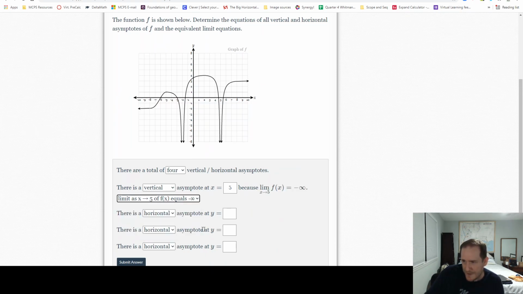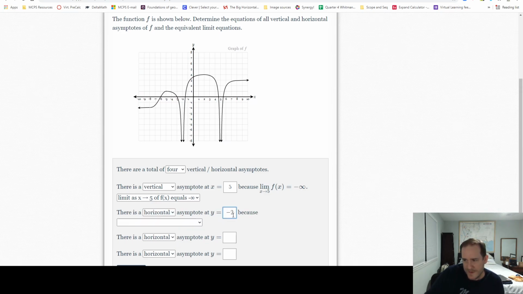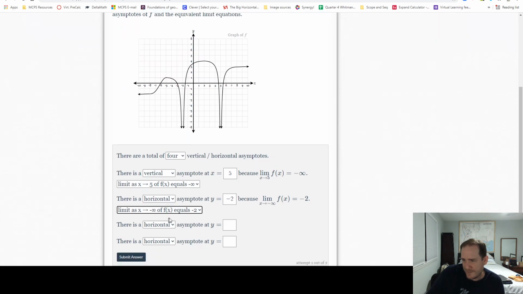It's that one. Let's now do the horizontal one that's way over here at -2. That is an end behavior asymptote, so it's going to be governed by the behavior of the function as the x's go left to negative infinity. So find the one that has us heading towards negative infinity with a limit of -2. Choose that. We've got that one justified.